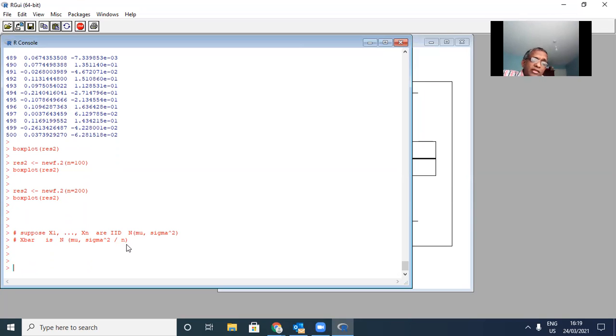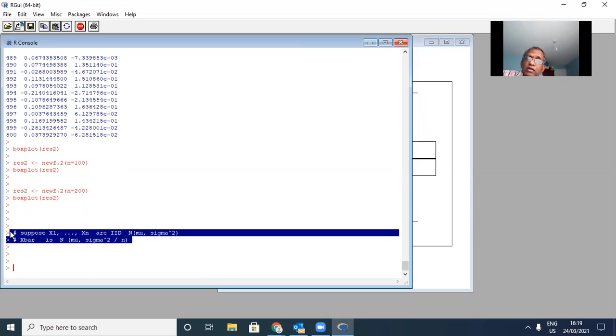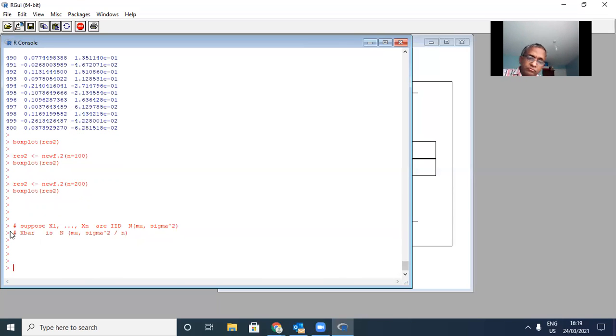Now, what I'm going to do next is to illustrate this theoretical result. I'm going to illustrate that this result is actually true by simulation. To do that, the first thing I'm going to do is draw a histogram of rest 2.